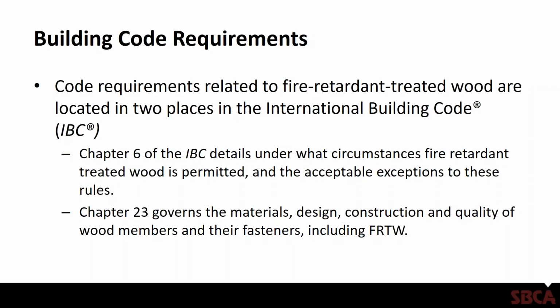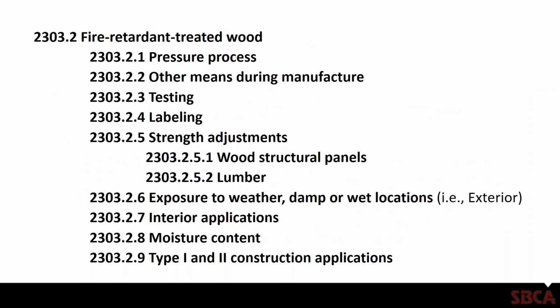But then also chapter 23, which is typically the chapter on wood design in the IBC, is where you'll find what the requirements are for FRT, the labeling requirements, the design reduction requirements, and so on and so forth. And we'll spend a little bit of time now looking at those.